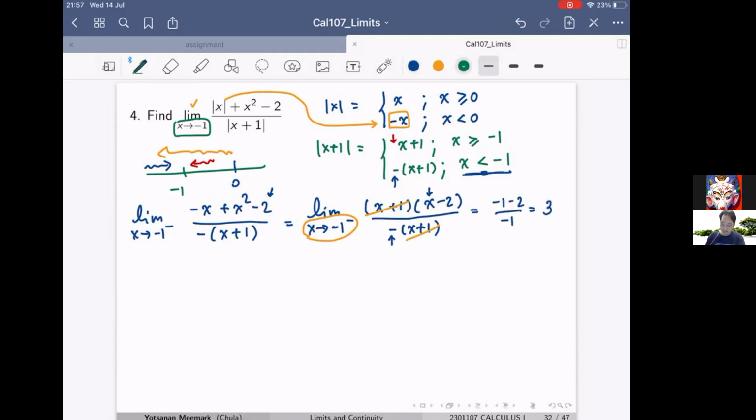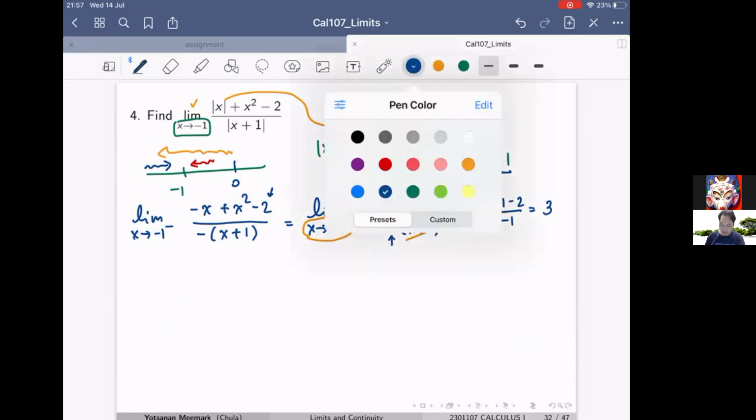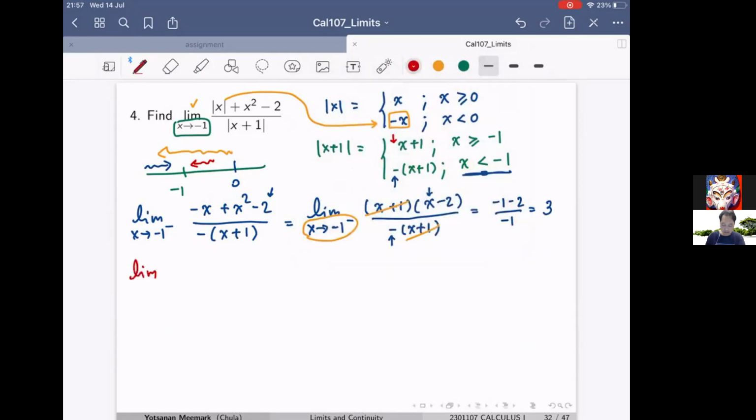The other way around, the limit as x goes to negative 1 from the right: the absolute value of x is still negative x, and this one over this one will be x plus 1. We use this formula instead.